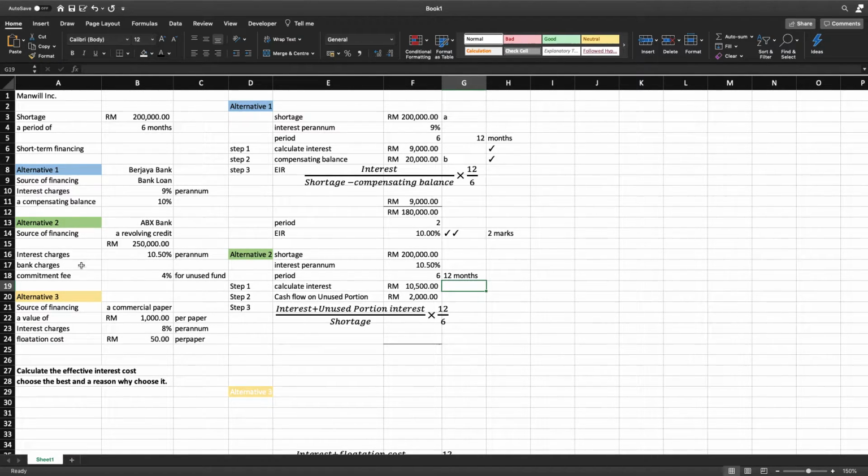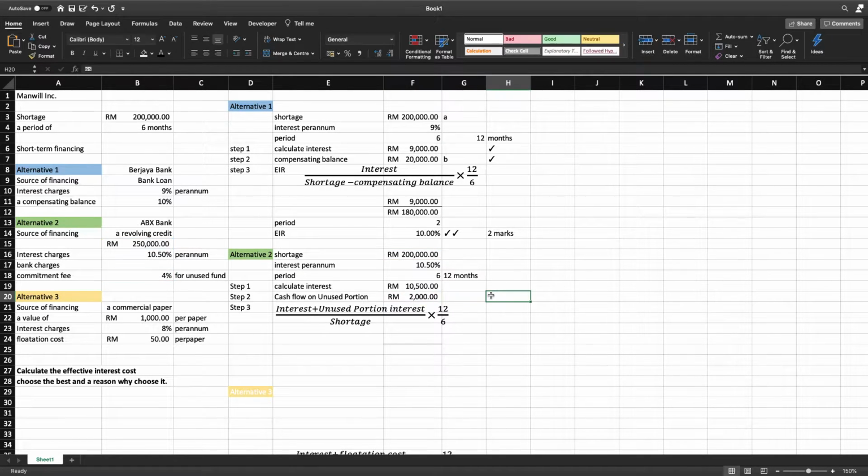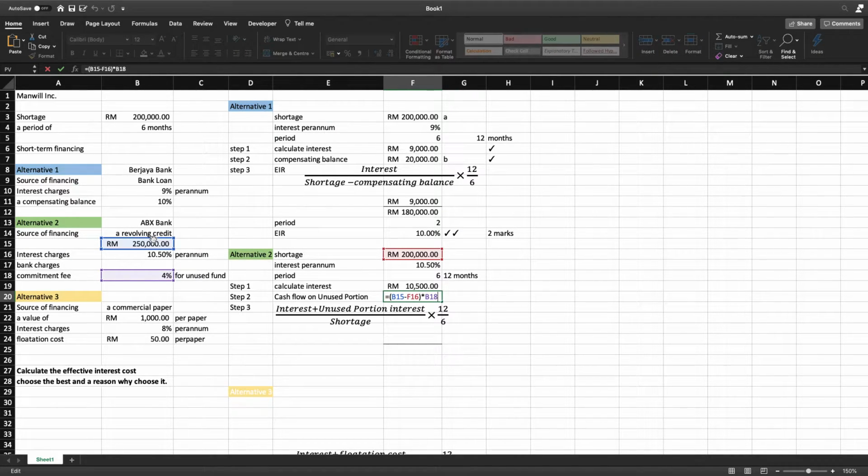And then you need to calculate the cost for the unused portion. 250,000 is your revolving credit, and you only want to use 200,000, because the facility given to you is 250,000.